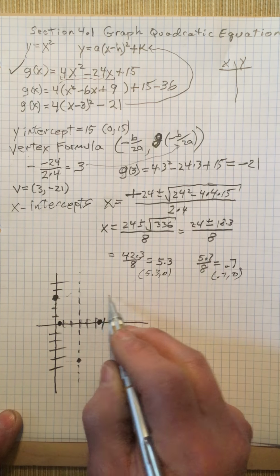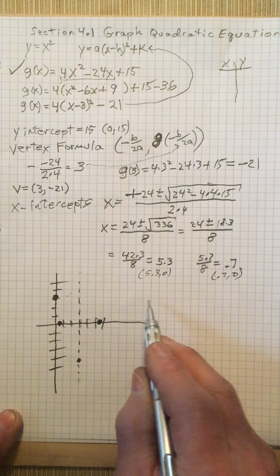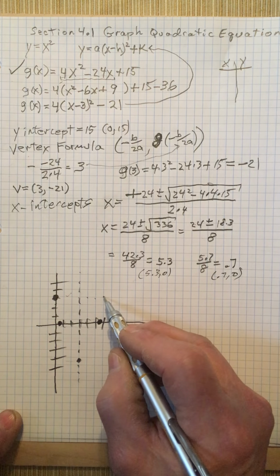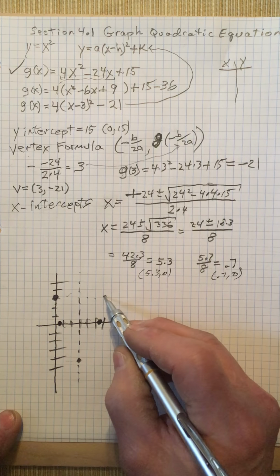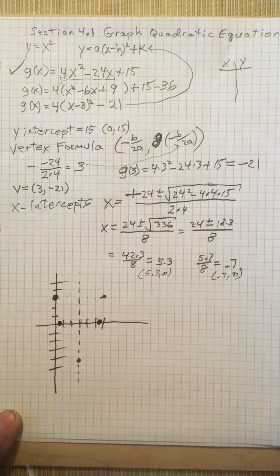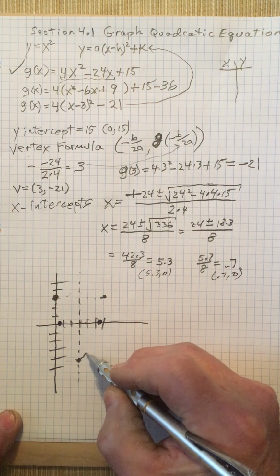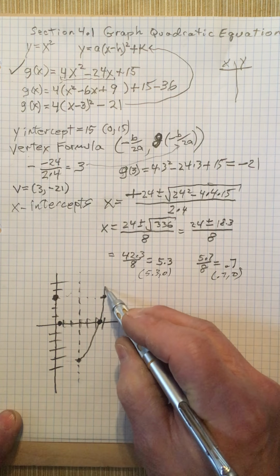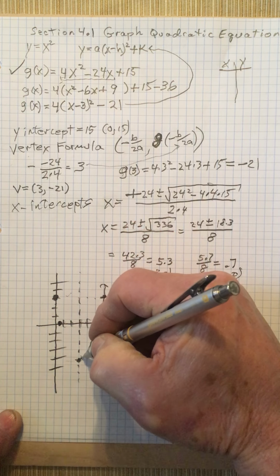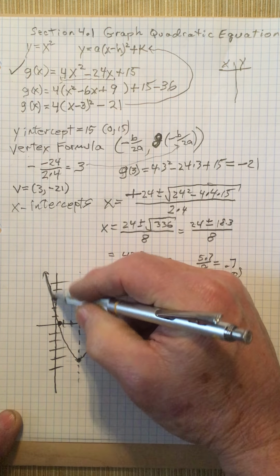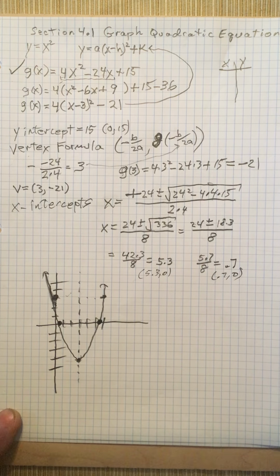That means if I go 3 more the other way, keeping the same y level, so 1, 2, 3, that's got to be another point there. They mirror each other. Okay, so that's it. So now you just do the best you can to sketch it. I kind of missed that one, but there you go.